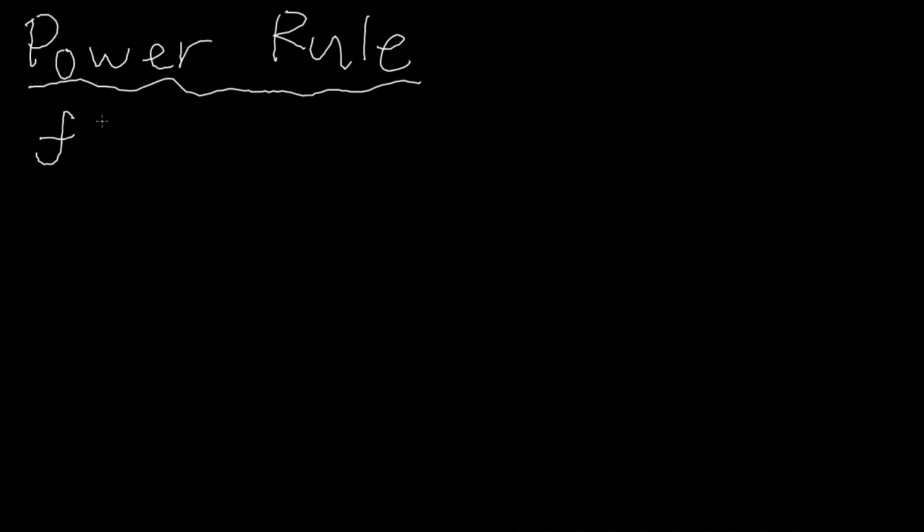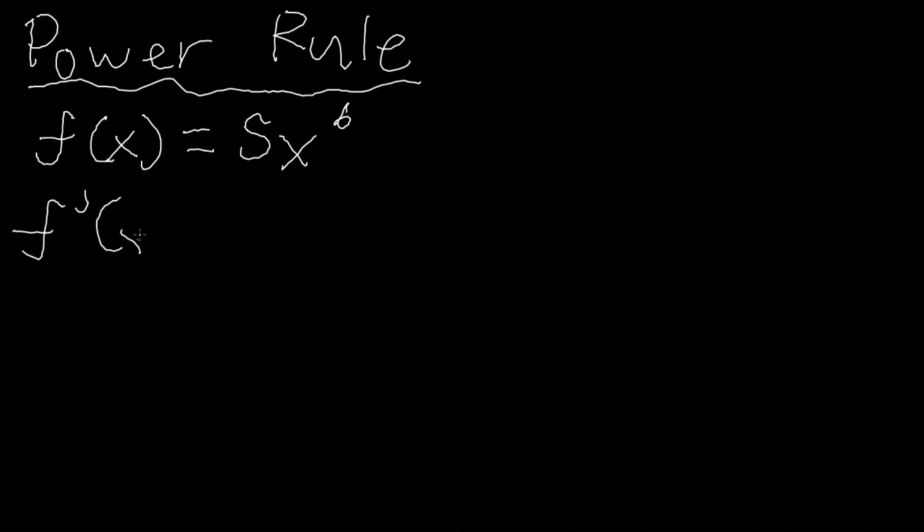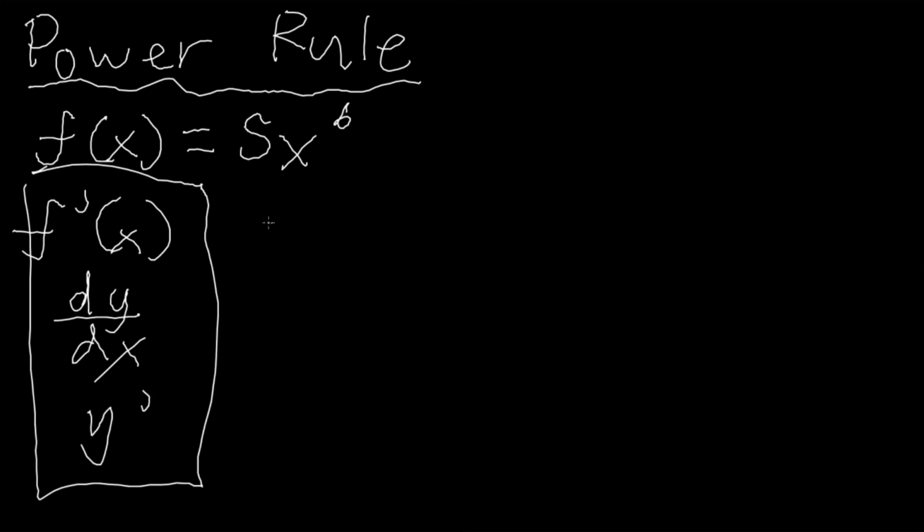So first, we have f(x) equals 5x to the power of 6. To differentiate this, we can use the power rule. So f prime of x, or you could also put this as dy over dx, or y prime, all represent the same thing.